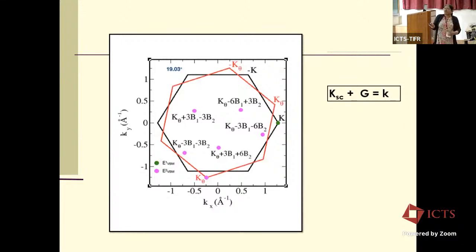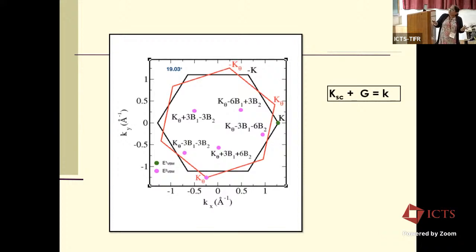These are some of the states, the wave functions, and what is shown here in the black line is the Brillouin zone of the lower layer, and in the red line is the Brillouin zone of the rotated layer, all of the primitive cell. These points are far away from the Brillouin zone boundaries, and since the scattering happens at these boundaries, their band structure is not perturbed in this case at all.